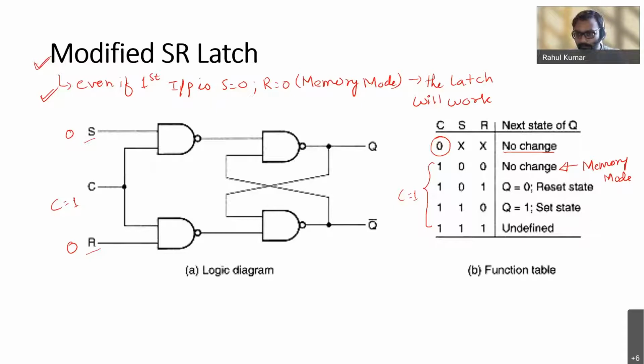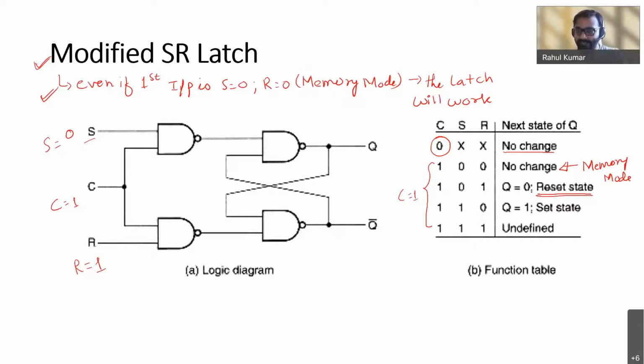Okay, then if we look at the reset state, in that case we have to apply R equals to 1. Again, we have simplified one of the problems.